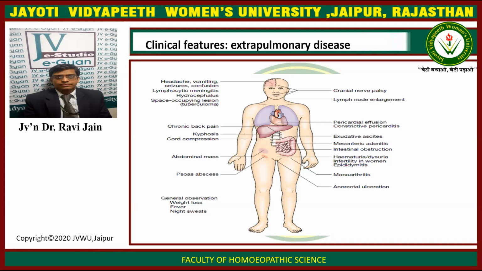There can be chronic back pain, kyphosis, cord compression, abdominal mass, and psoas abscess. General observations consist of weight loss, fever, night sweats, cranial nerve palsy, and lymph node enlargement.